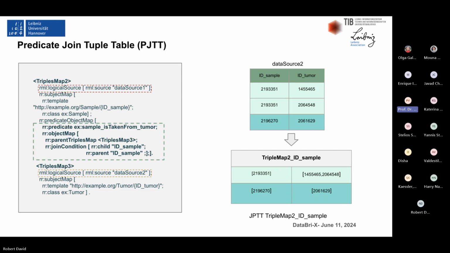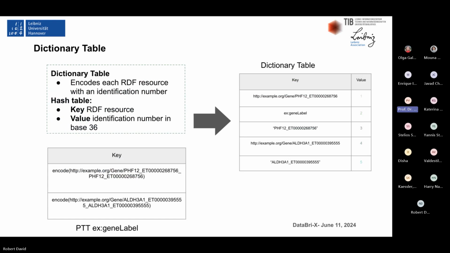So please go next. And then we have a dictionary table where, for every resource that we receive, we create an index. And this index is encoded in a way that the space is reduced. This helps to avoid repeating and storing very large strings representing resources.